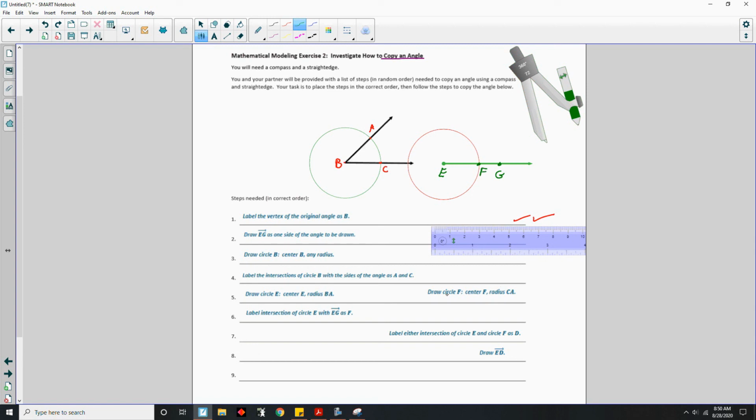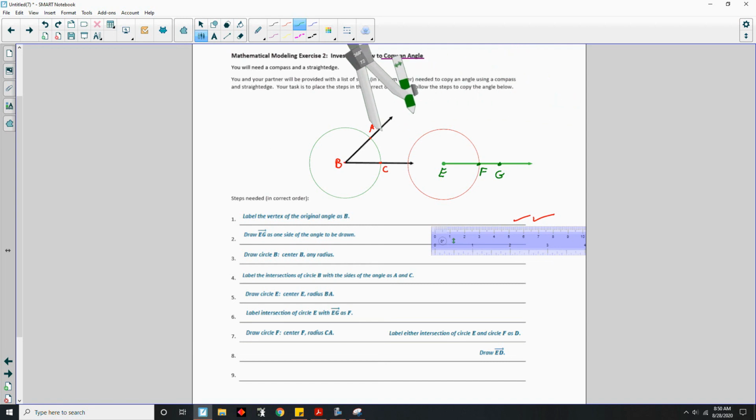Alrighty? Now it says draw circle F, center F, radius CA. I haven't set my radius up here yet. Label either intersection, draw ED. Okay, so I can do this. So I'm going to draw circle F. This is step 7. So now I'm going to draw circle F, centered at F, with a radius of CA.